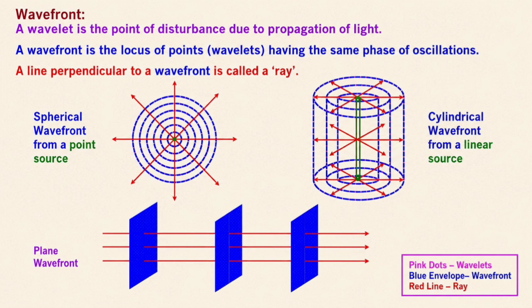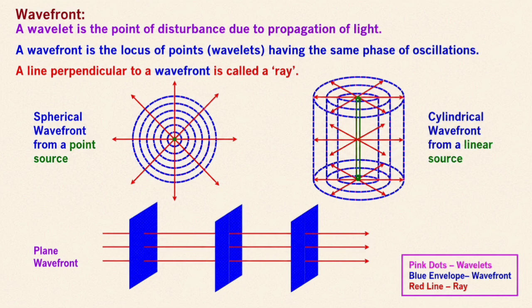From the point source, when the disturbance reaches a particular distance, all the molecules in the medium vibrate in the same manner. The state of oscillation of those particles is the same. So those particles are what we are indicating here as pink dots.